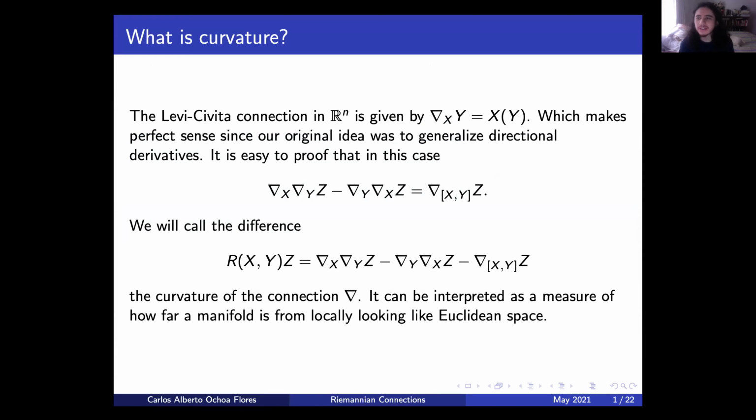Today I'll talk about curvature and two types of curvature, or two notions of curvature. Those are the curvature tensor, that is the most complicated curvature tensor that there is.